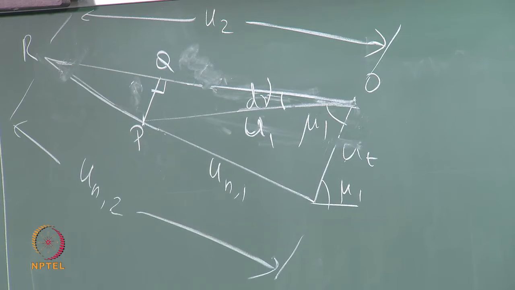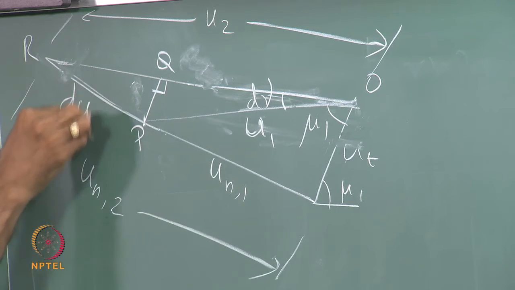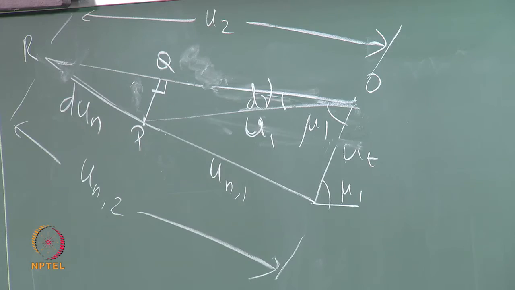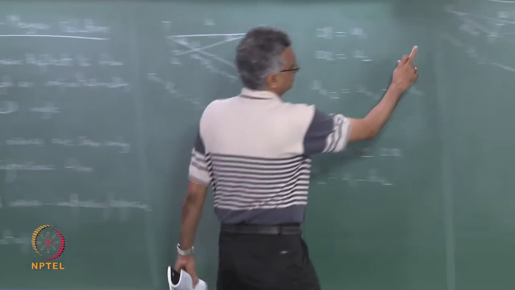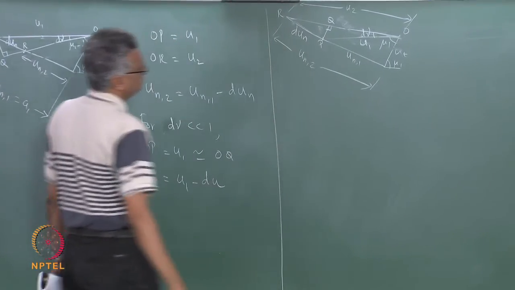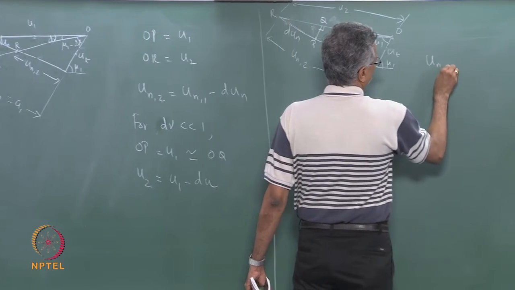Now I use the same trick as I did before. I notice that UN2 is going to be UN1 plus DUN, right? UN2 is equal to UN1 plus DUN.